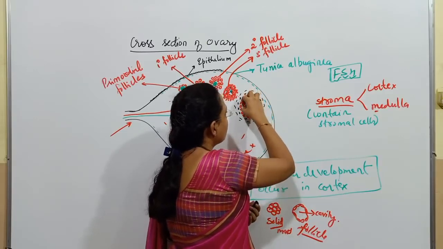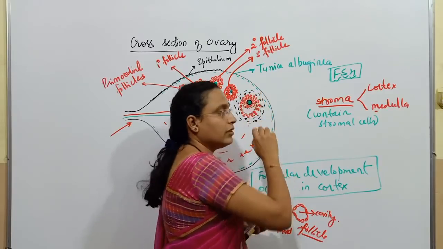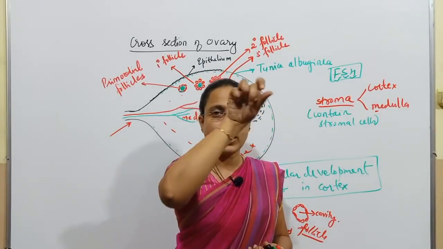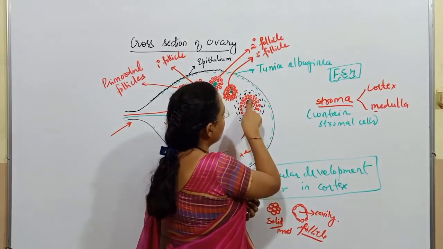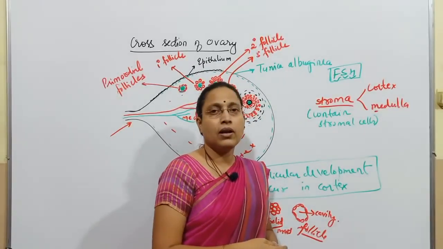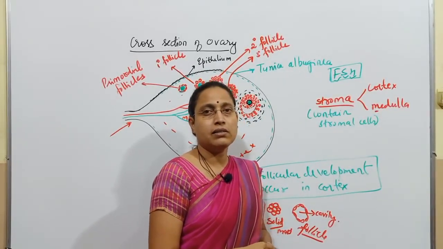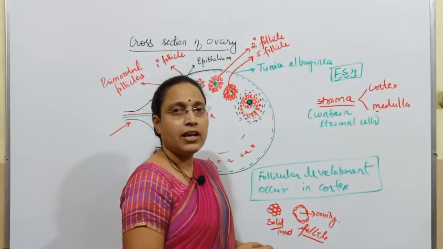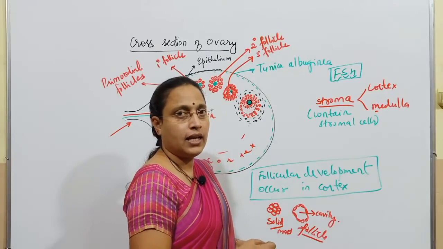And some of the granulosa cells start surrounding the ovum itself. They become very close to the ovum here. These cells are called corona radiata cells. So this was about the structure of the Graafian follicle.